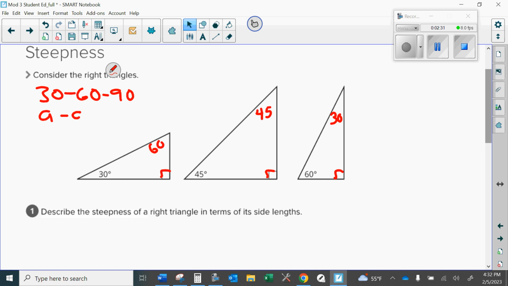The relationship is a, a root 3, and 2a. Now you can see it on the board. On a 45, 45, 90, obviously 45 and 45 are the same, so it's got to be a and a, or whatever variable you choose to use, and the hypotenuse is root 2 times longer. You've been doing these in your warm-ups as well.